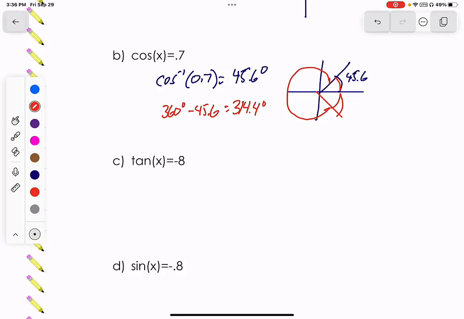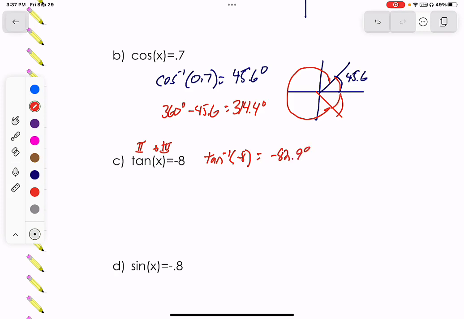Well, for a negative tangent, we know that's going to be in quadrants 2 and 4. So I go ahead and punch into my calculator the inverse tangent of negative 8, and that's going to give me negative 82.9 degrees.